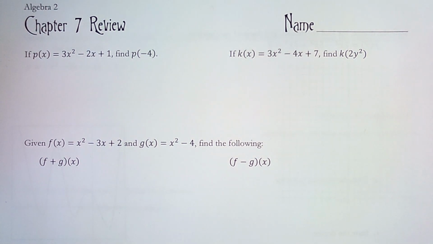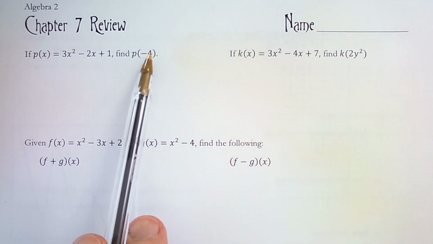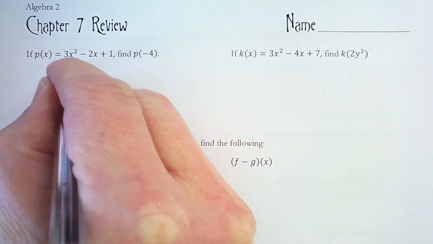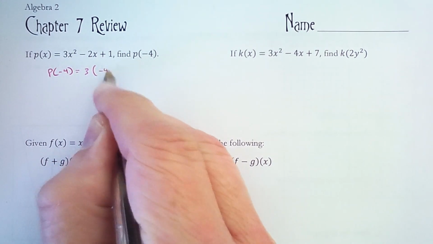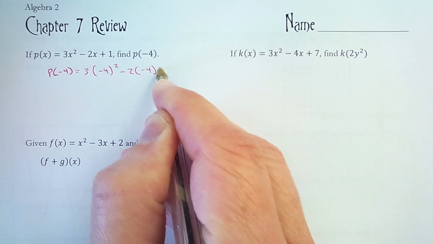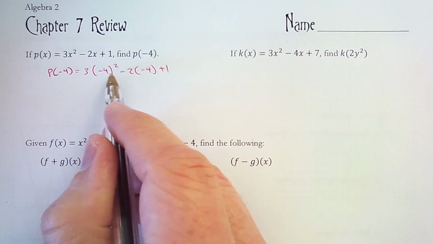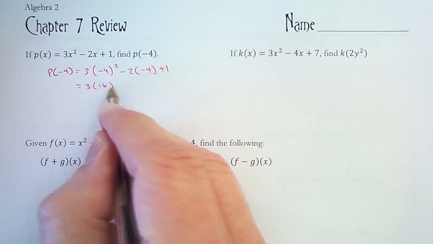So first we are going to evaluate p of x when x is -4, so what we are really evaluating is p of -4. So p of -4 is 3 times -4 squared minus 2 times -4 plus 1. -4 squared is 16, so it's 3 times 16.